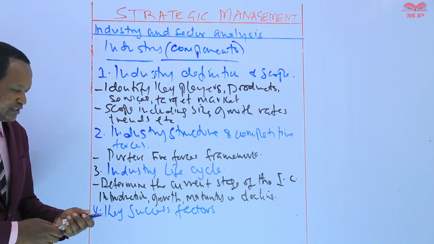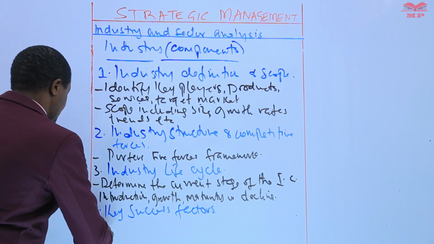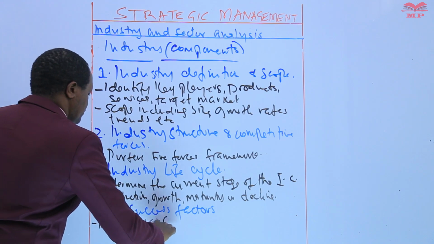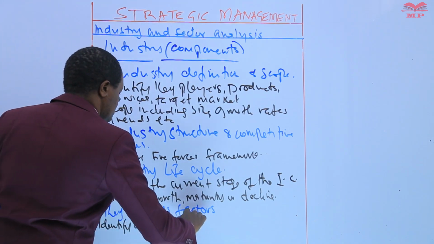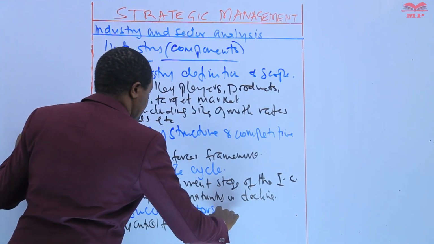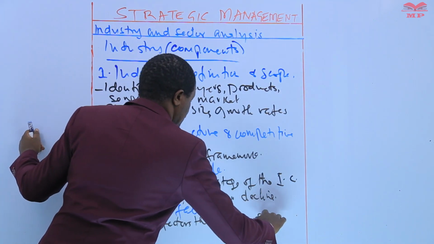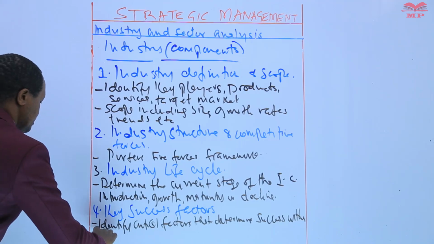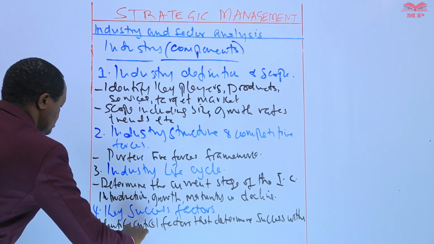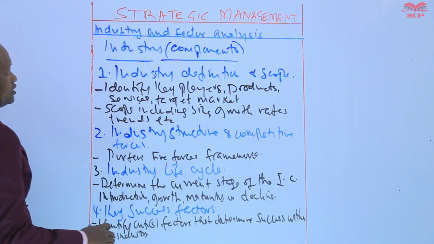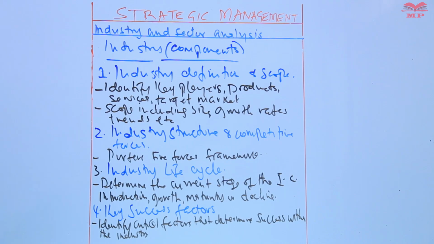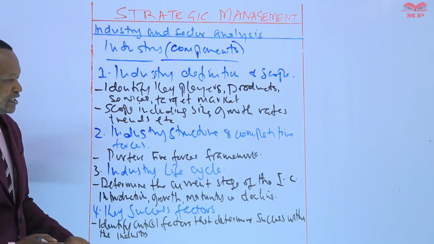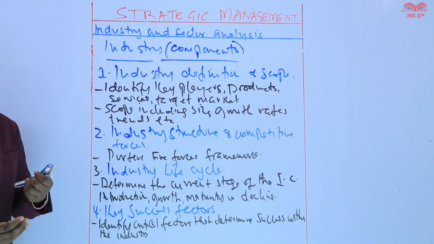Identify the critical factors that determine success within the industry. When carrying out industry analysis, it's important to identify the key success factors. These are the factors that determine success within the industry.